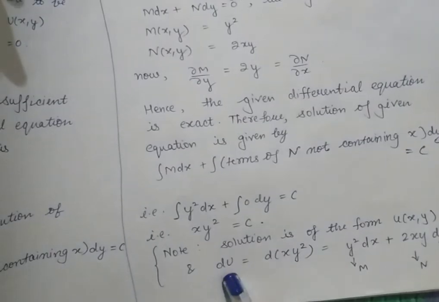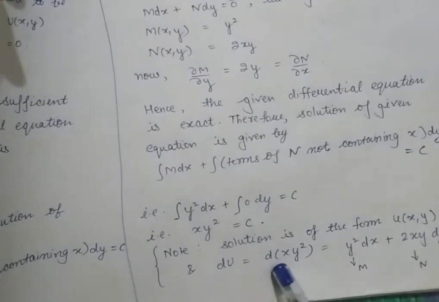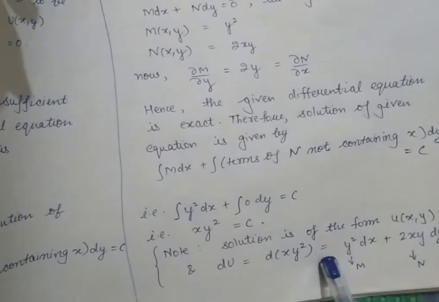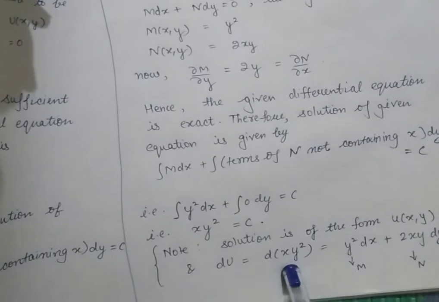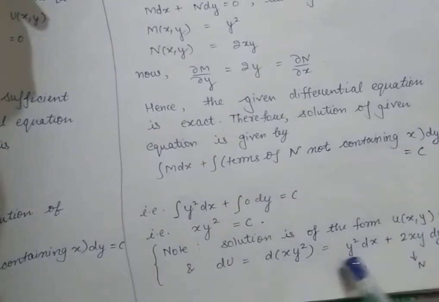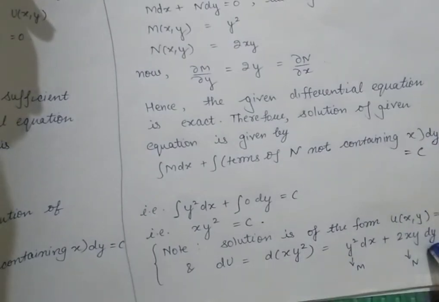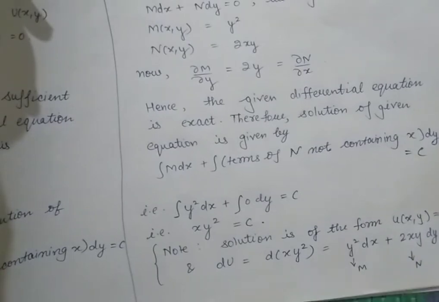Now we differentiate this u, du equal to differentiation of u, that is xy square, which is equal to, if we differentiate with respect to x, then dx would come and y square as it is, and if we differentiate with respect to y, then 2xy and dy will be as it is, and differentiation of constant is 0.